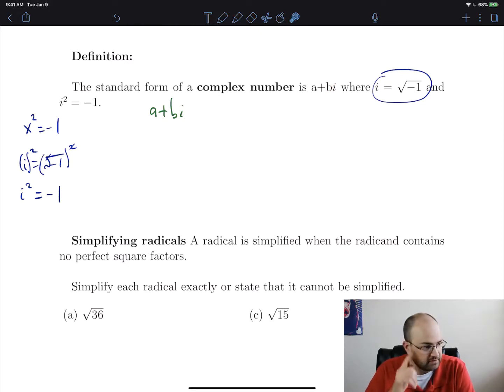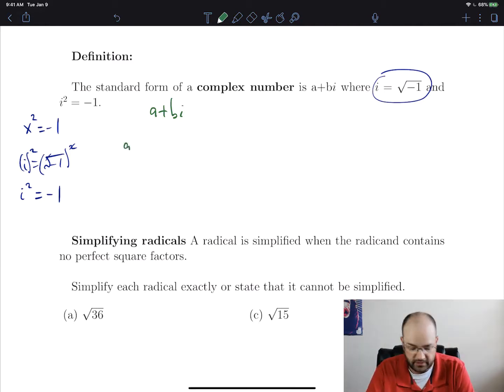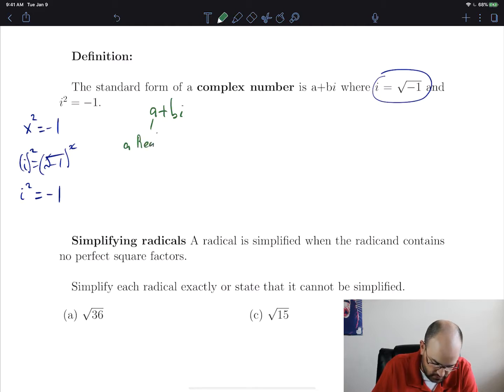Now, technically, we have three different kinds of complex numbers. If you have just an a, in other words, just the real part there. By the way, a is called the real part, and the b is called the imaginary part.